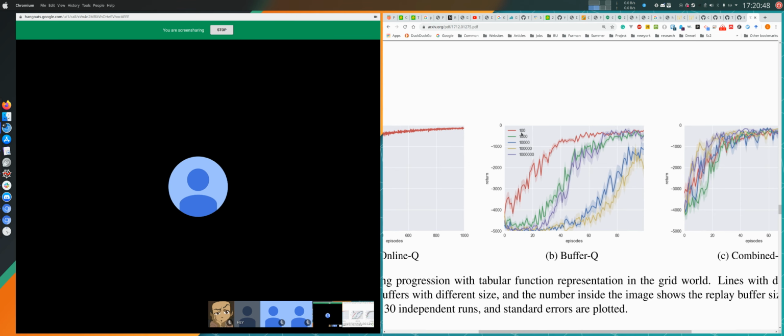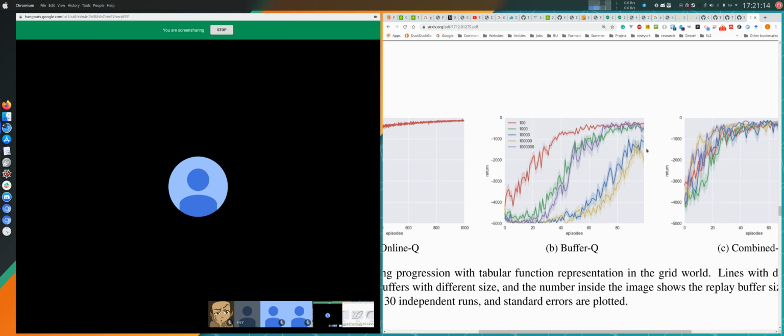So using 100 gives you something like this, and then 1,000, then 1,000,000, which is what's used in our case, and then this is 100,000. 100,000 actually performs worse, and 10,000, which is my original parameter, performs similarly worse.